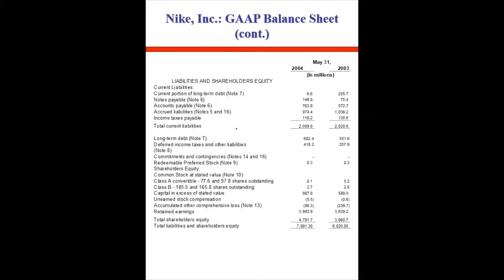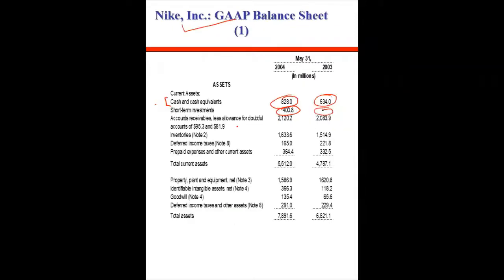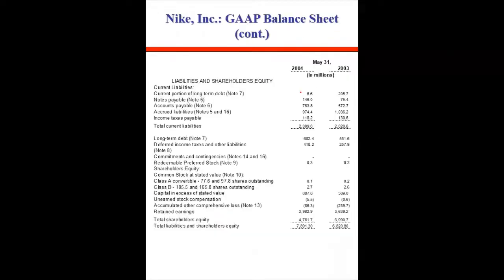It has been created solely for operating purposes. So in that case, this amount will be directly transferred to the operating assets. So here it is, the accounts receivable. Accounts receivable total amount has been taken in the operating here.